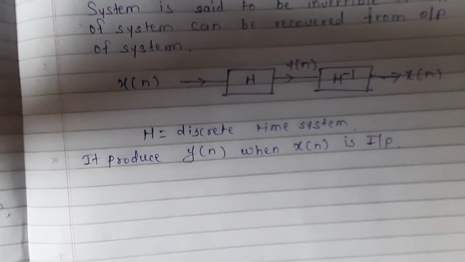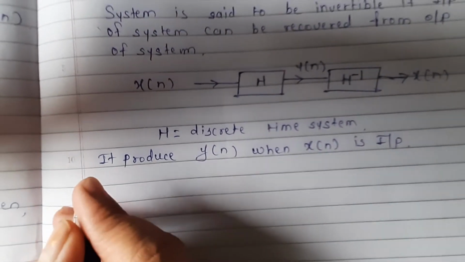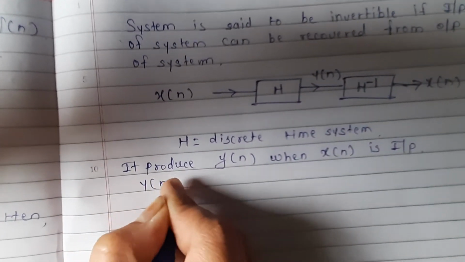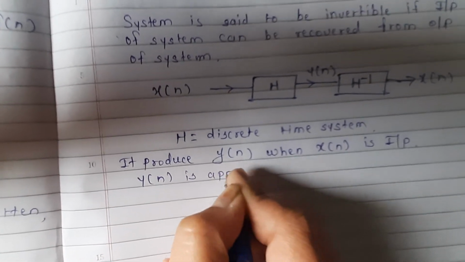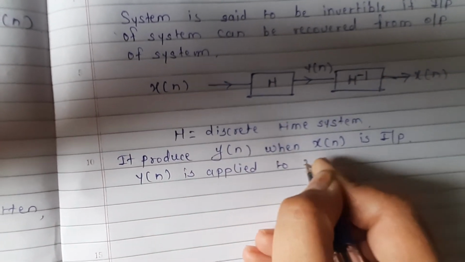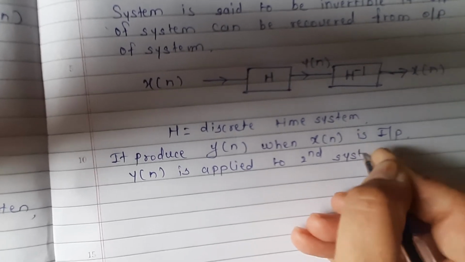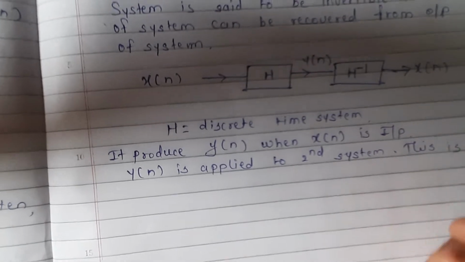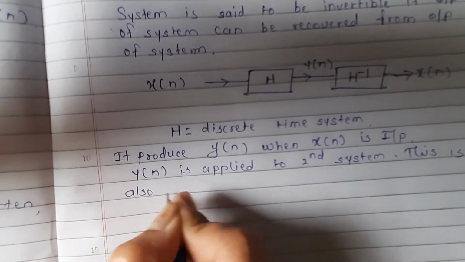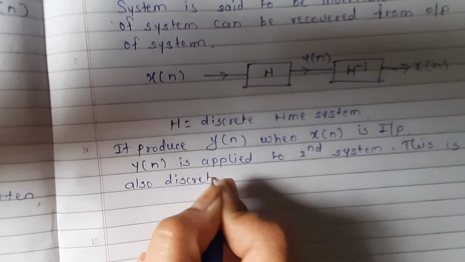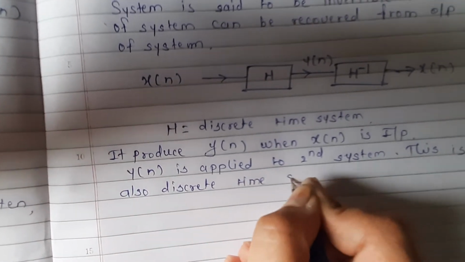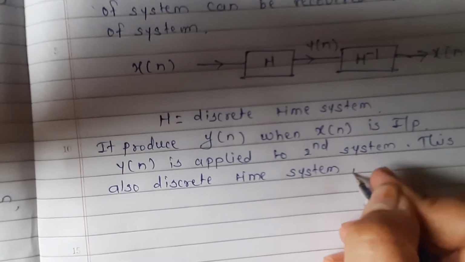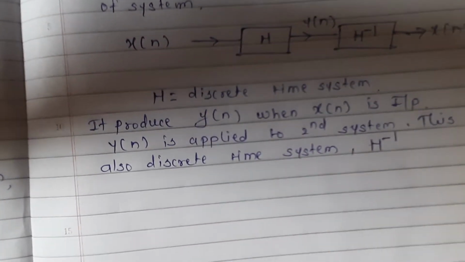and this y of n is applied to the second system. This is also a discrete system. y of n is applied to the second system, and this is also a discrete time system, and it is denoted by h raised to minus 1.